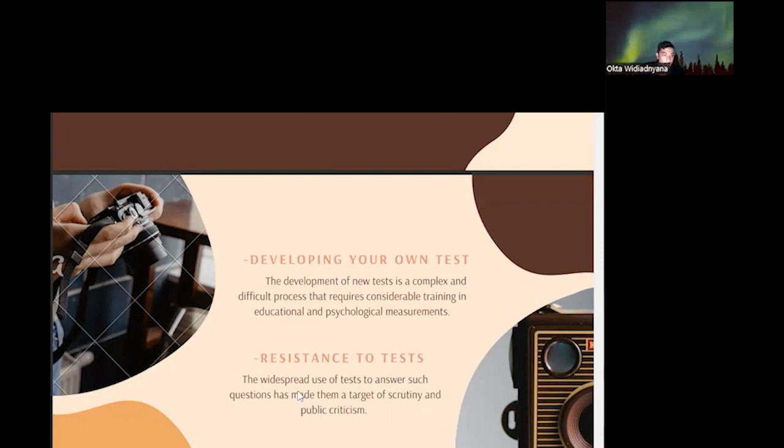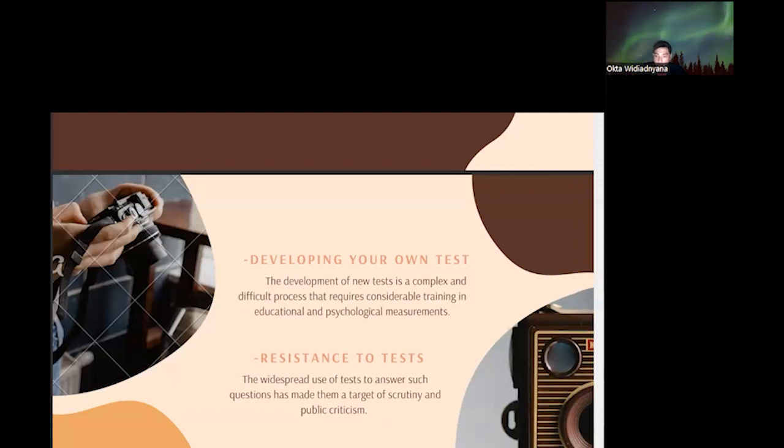And the second, resistance to tests. The widespread use of tests to answer such questions has made them a target of scrutiny and public criticism. The questions are like who should be admitted to college and at which college, who should receive special credit for their academic assessments, who has to retake a grade because of academic failures.